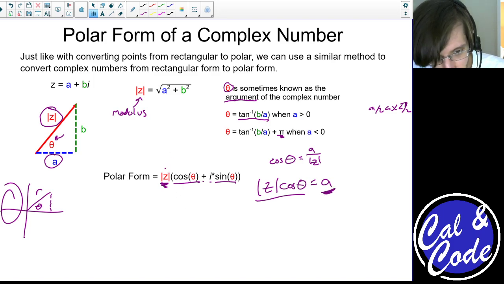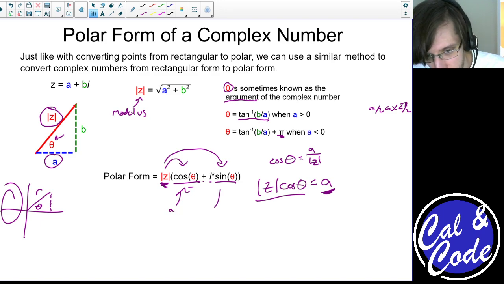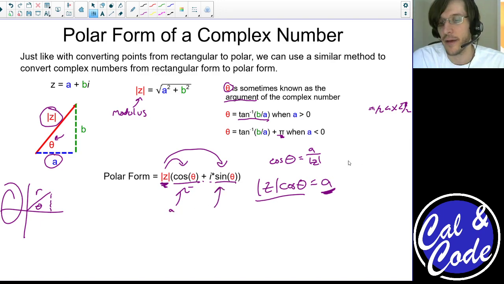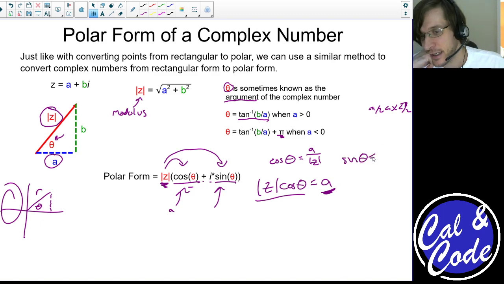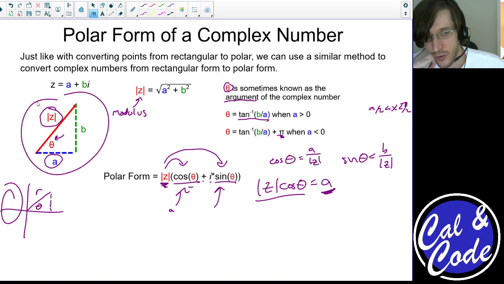So if I multiplied this modulus in, I'd have the absolute value of z, the modulus of the complex number z, times the cosine of theta, and that would be equal to a. Down here, in similar fashion, if I was trying to solve for b, the sine of theta is b over the modulus of z because of trig, if you look over at this triangle.